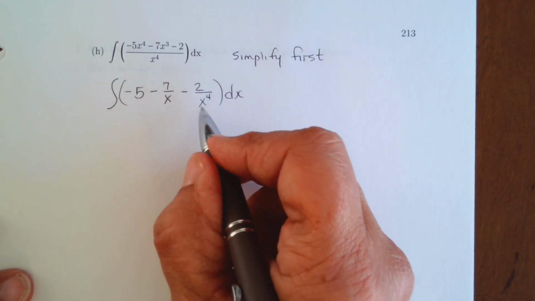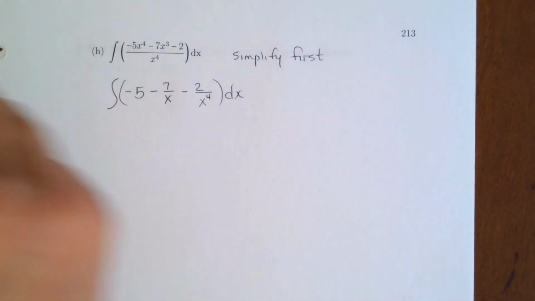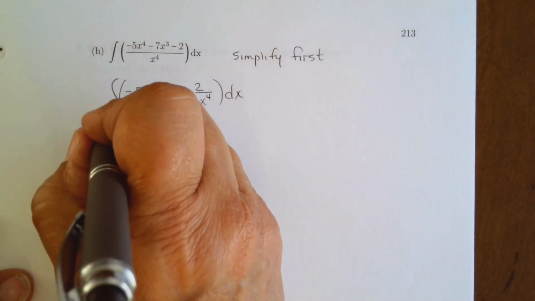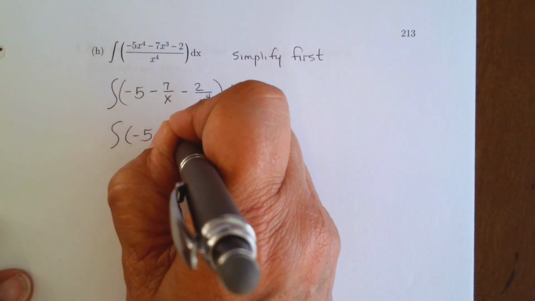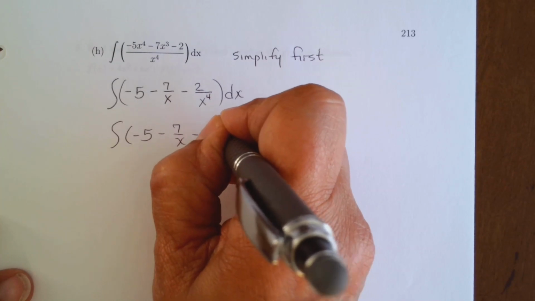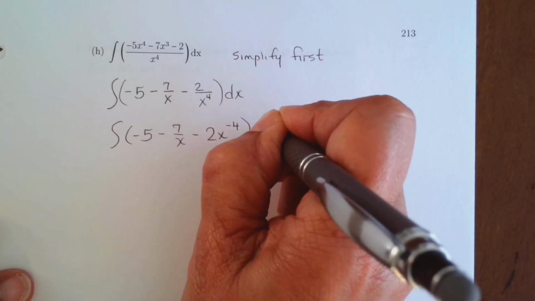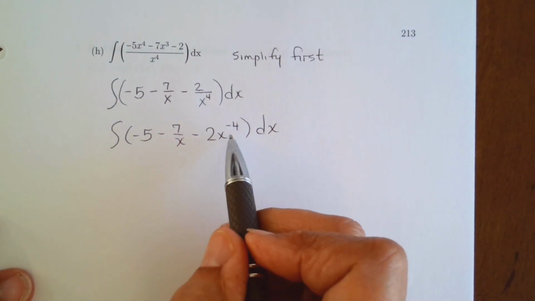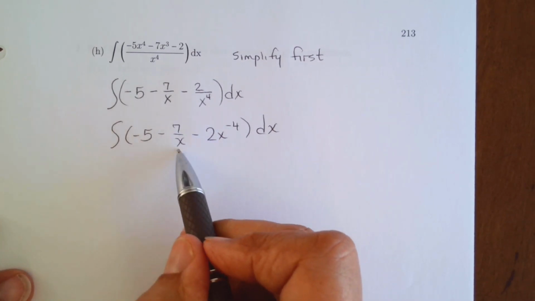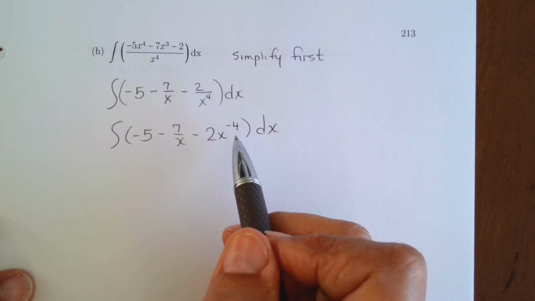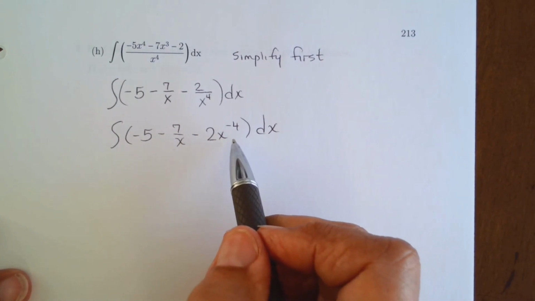So again, this one's got to stay because that's your natural log. But this one, I would rewrite like this. Any other exponent besides negative 1, because that's got to stay in the bottom, you need to write this way so you can use that second rule.